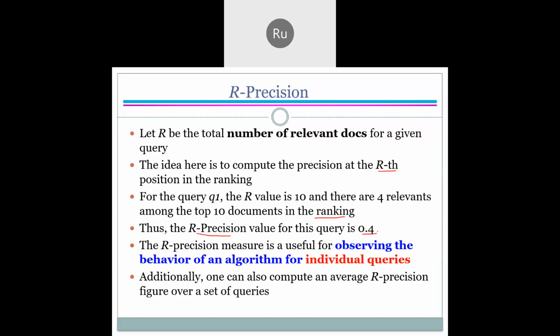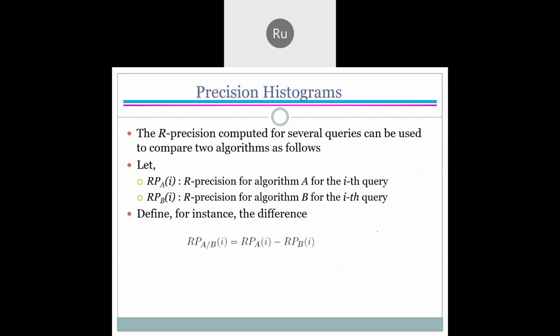So this is a good way to observe the behavior of the algorithm for an individual query. So if we look at this, this is the R precision for algorithm A for the ith query, and this is the R precision for algorithm B for the ith query. Basically, we are looking at the differences between the two.